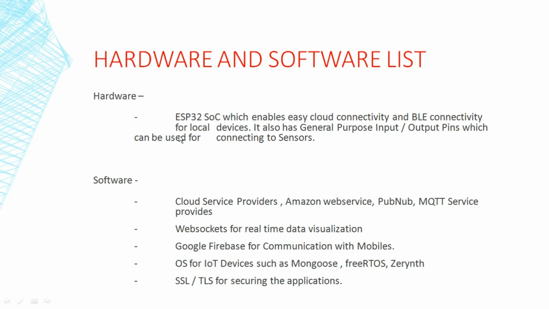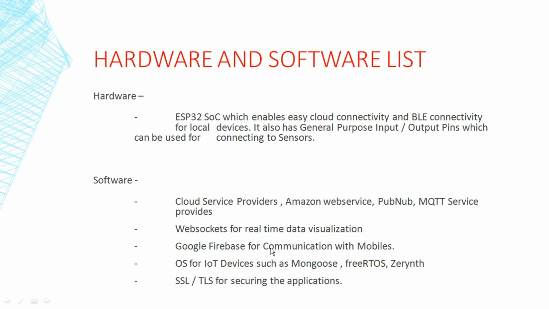So this was on the hardware side, and on the software side we are going to see cloud service providers like Amazon Web Services, PubNub, and MQTT service providers. Then we are going to look into web sockets, which can be used for real-time data visualization, a very important part.